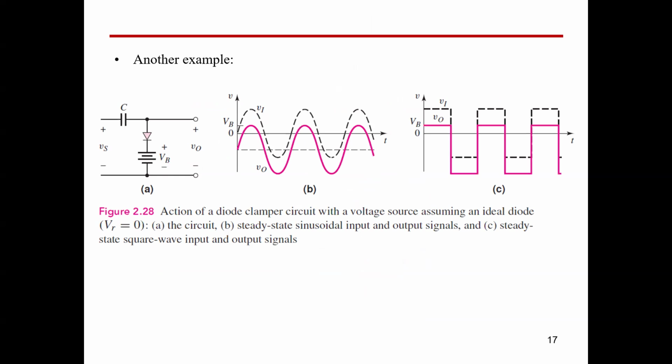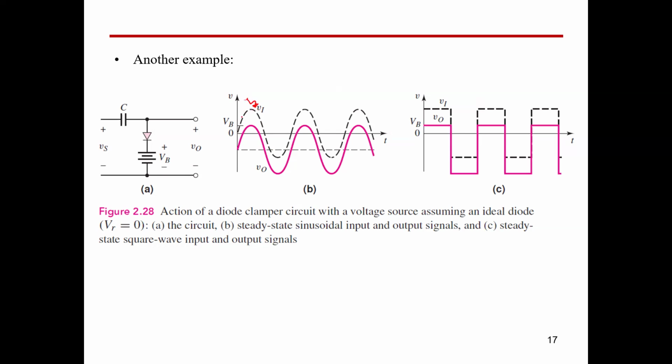Let's see another example here, guys. If we have Vs, the source voltage, for instance like the input that you have here. So this is the source voltage, V input.